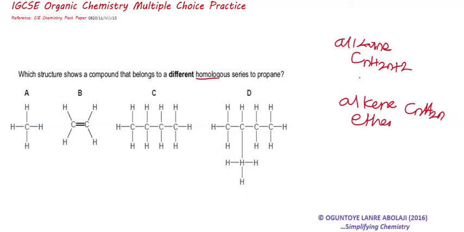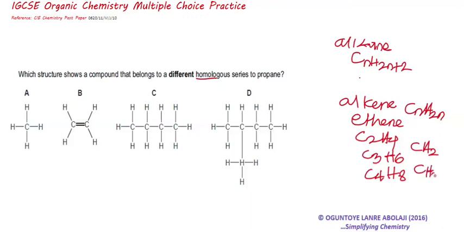You need 2 carbon atoms to start that family. The next one will be propene, C3H6. The next one will be butene, C4H8. If you look at the difference between ethene and propene, it is 1 carbon and 2 hydrogen. The same thing goes between propene and butene: 1 carbon, 2 hydrogen.